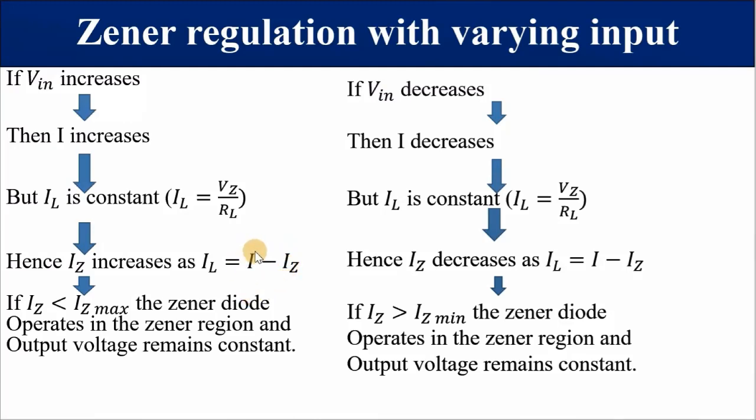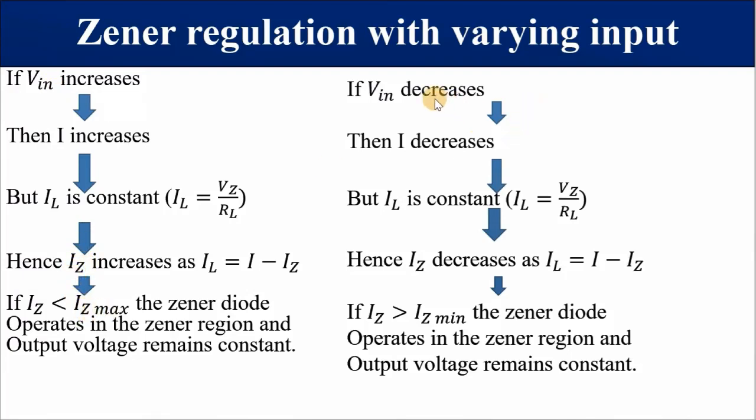So what are we saying? We are saying as long as the Zener current is less than the maximum Zener current, the Zener diode operates in this Zener region and is able to carry out the voltage regulation function. So an increase in I when input voltage increases results in an increase in IZ, but that increase must not exceed this.